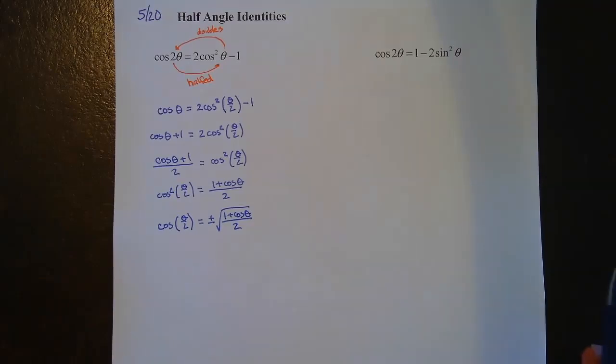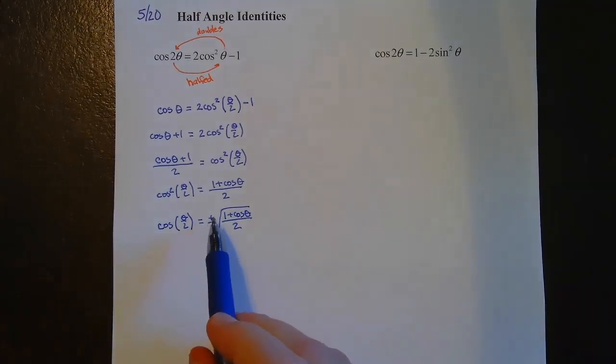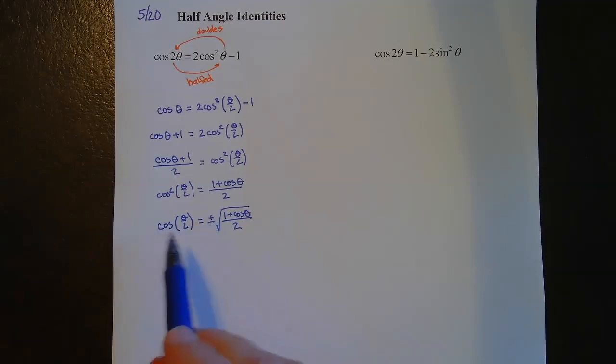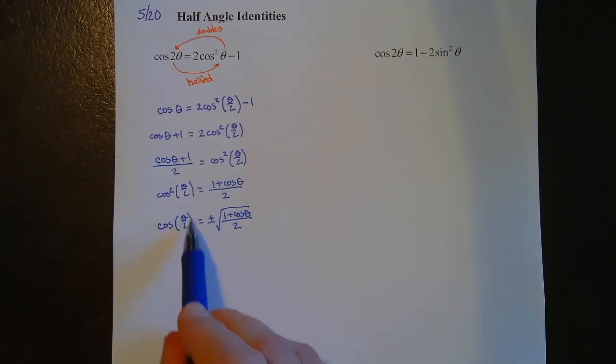Now, I want to say something. This does not mean that every single problem is plus or minus. The answer could come out to be positive, but it could also come out to be negative. We're going to pick the positive or negative depending on where theta over 2 lands. We're going to go into this later.